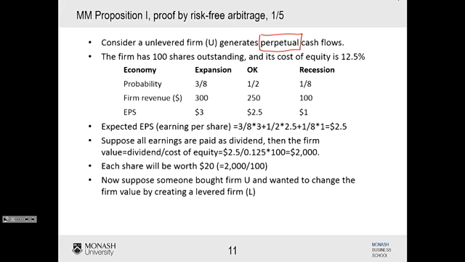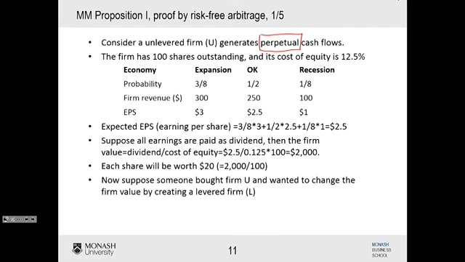You can think about the first two, but the thing here is that all three, when added together, have to equal 1. The probability of expansion, plus okay, plus recession has to be equal to 1. If the firm is in expansion, then the firm could generate higher cash flow, let's say $300.